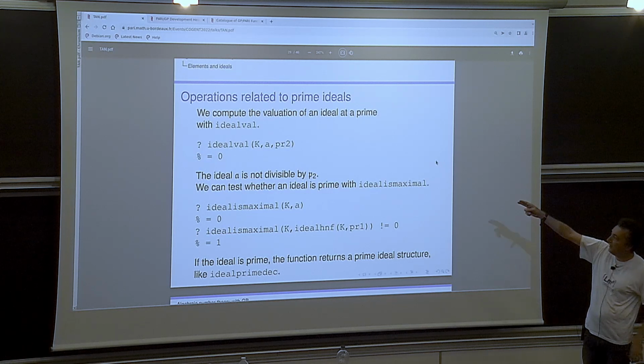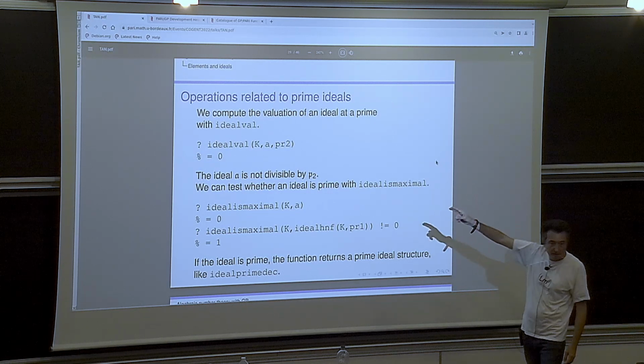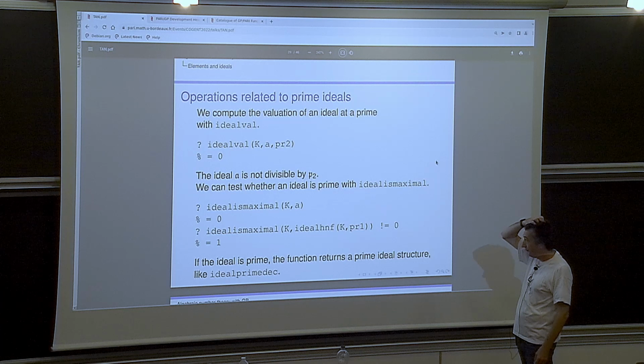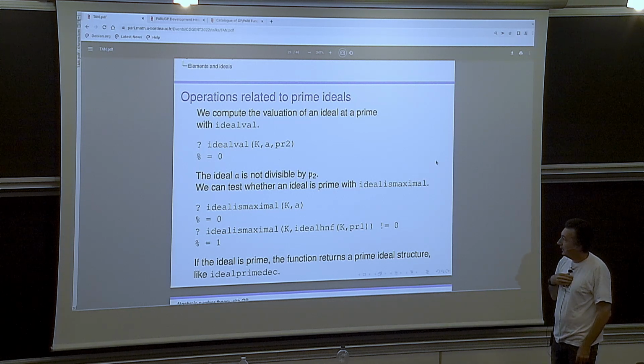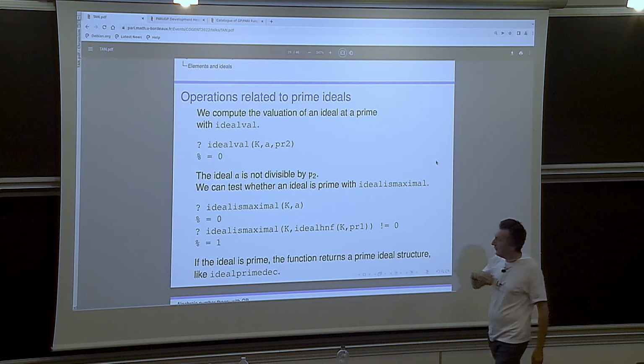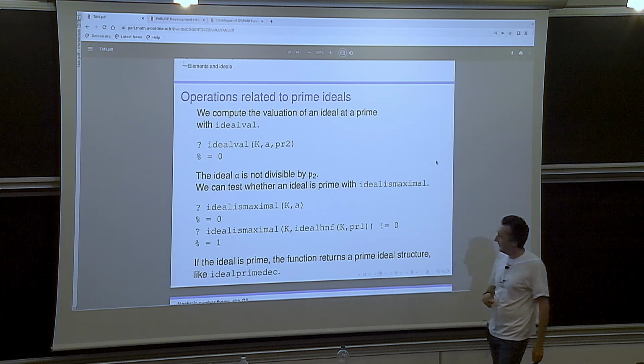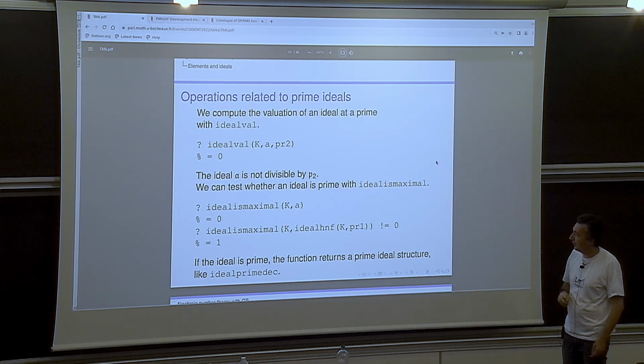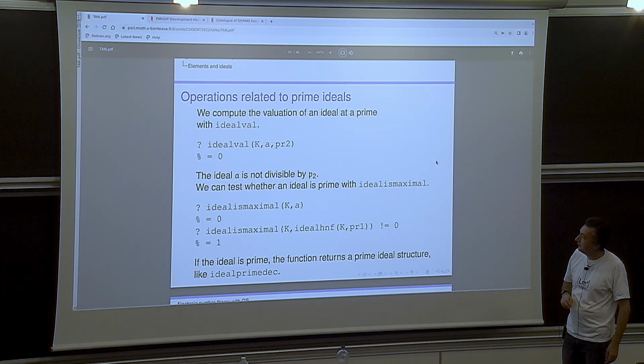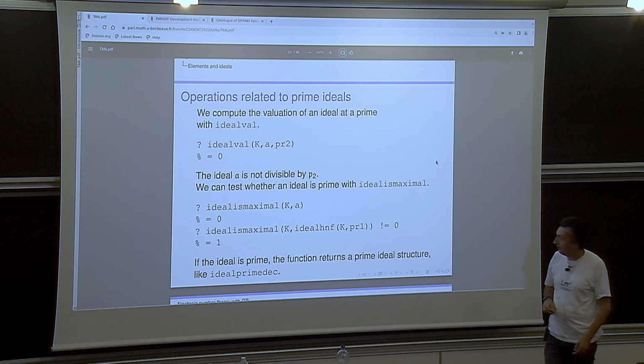So we have some function ideal val to compute valuation with respect to a prime ideal. We have some function ideal is maximal to check whether an ideal is maximal. Okay.